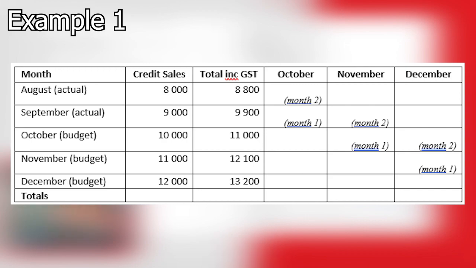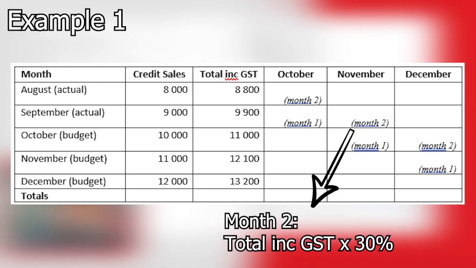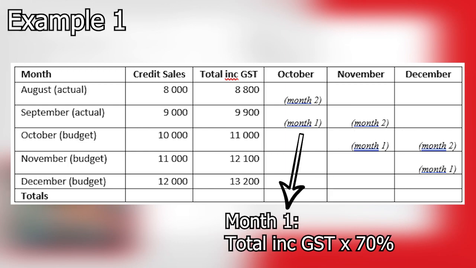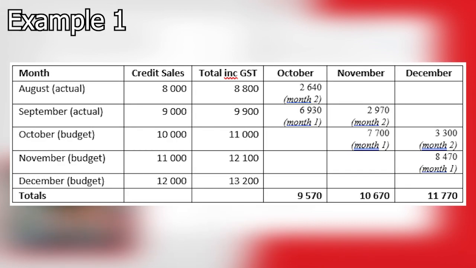So if it's month 2, we're just going to be multiplying that total including GST by 0.3. If it's month 1, it is by 0.7. And if we have a look here, we can see the full set of completed numbers below. So August sales, we actually collect 2,640 in October, and then October gets a month 1 of 6,930 from the September lot.